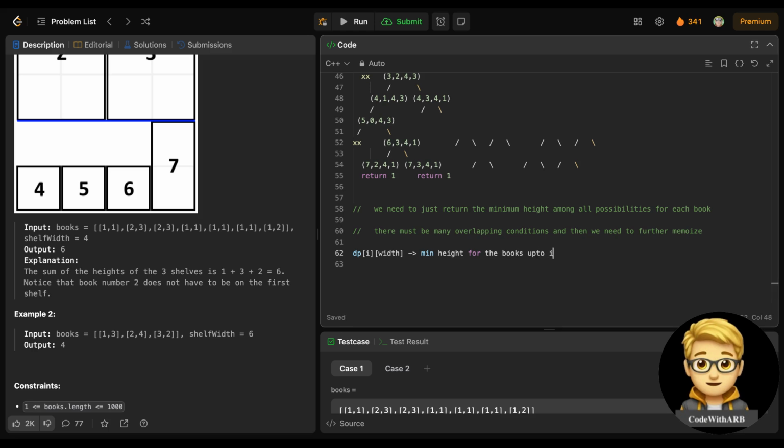And this will contain the minimum height in my answer.